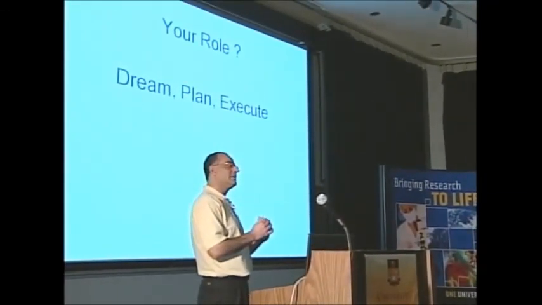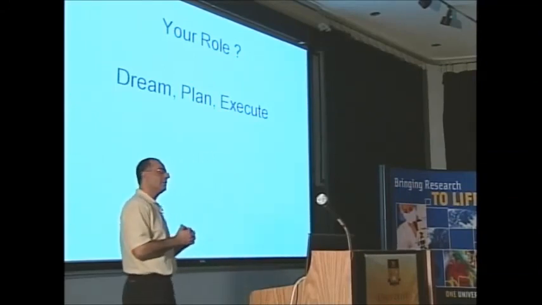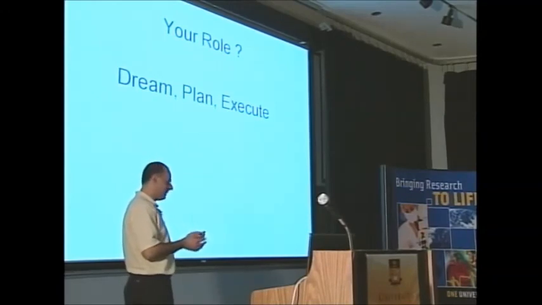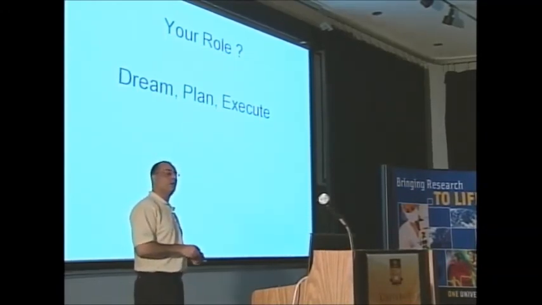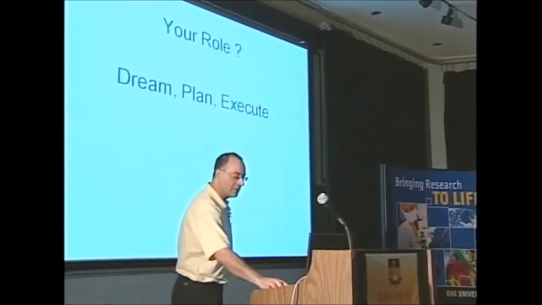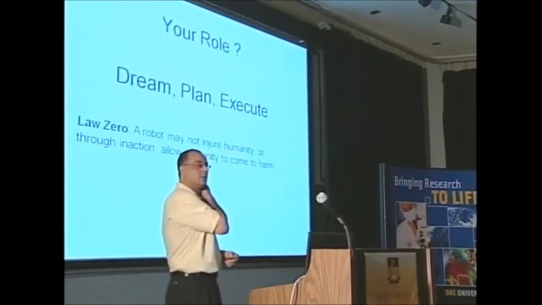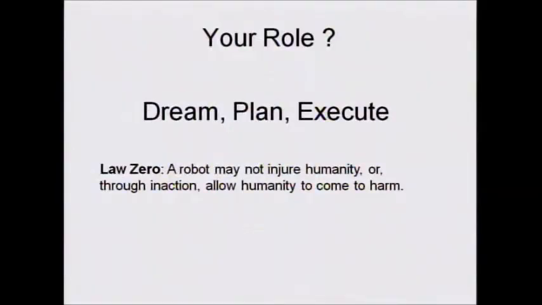So the first thing you need to do is to dream. In order to make your dream come true, you have to have a good plan and then go for it and execute it.